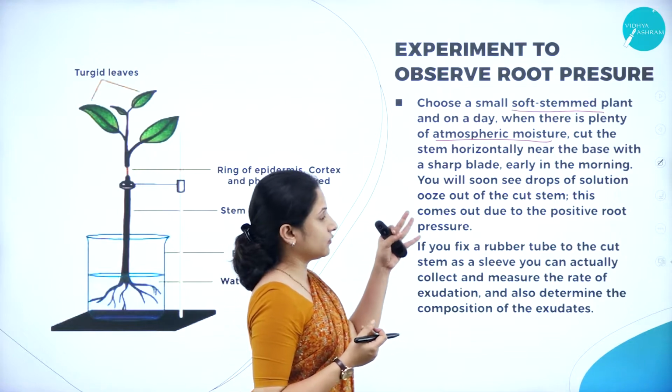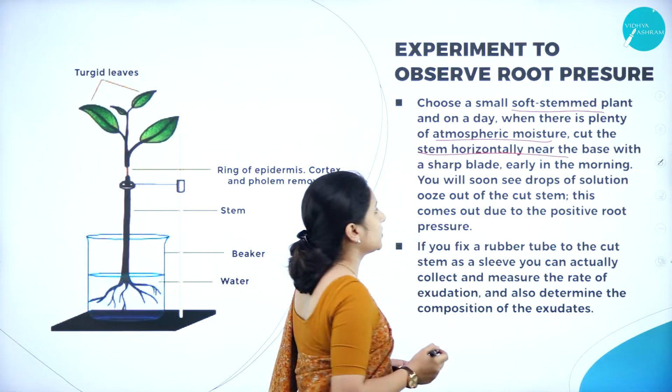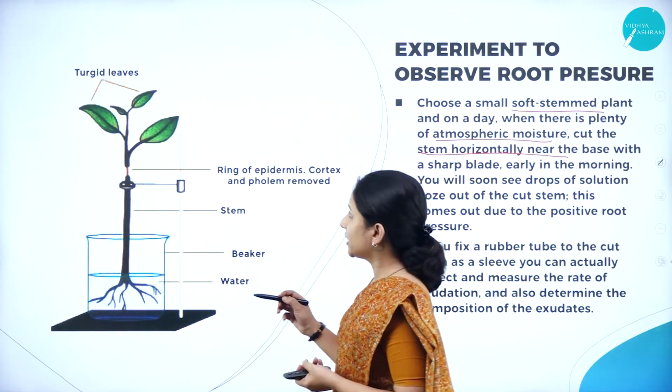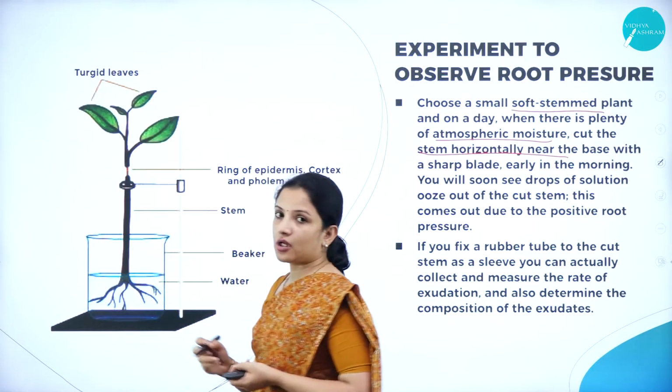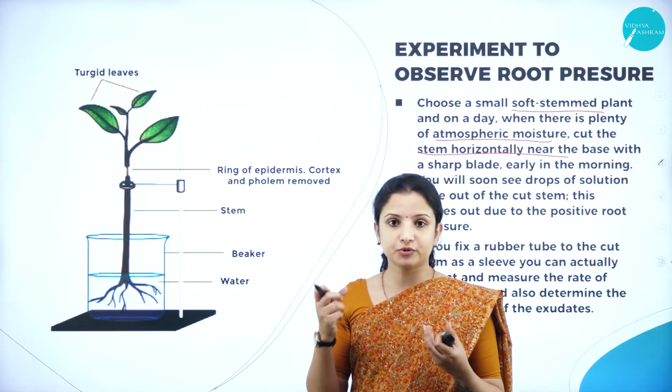So then what he did was, he cut the stem horizontally near the base with a sharp blade. Here the leaves are turgid now. Turgid means they have swollen, the cells have swollen because it is absorbing moisture.